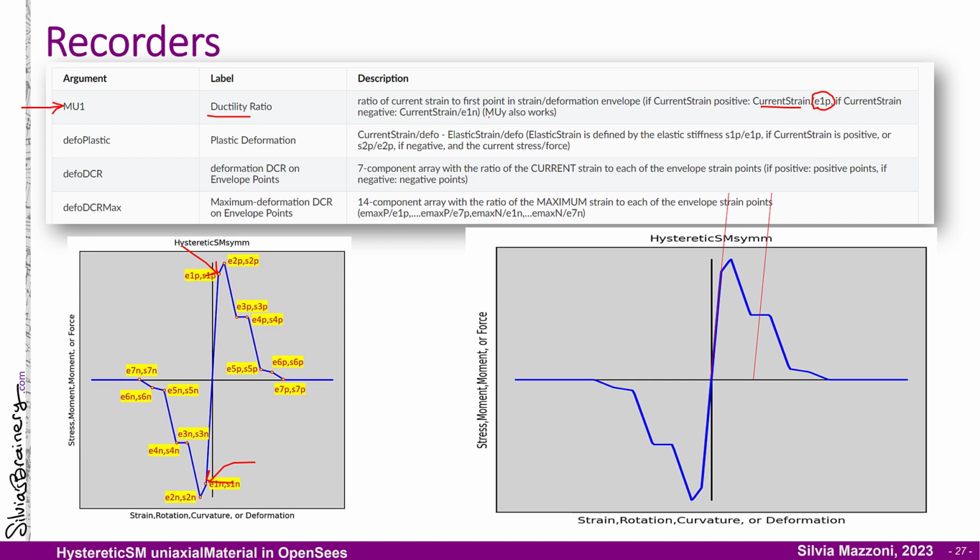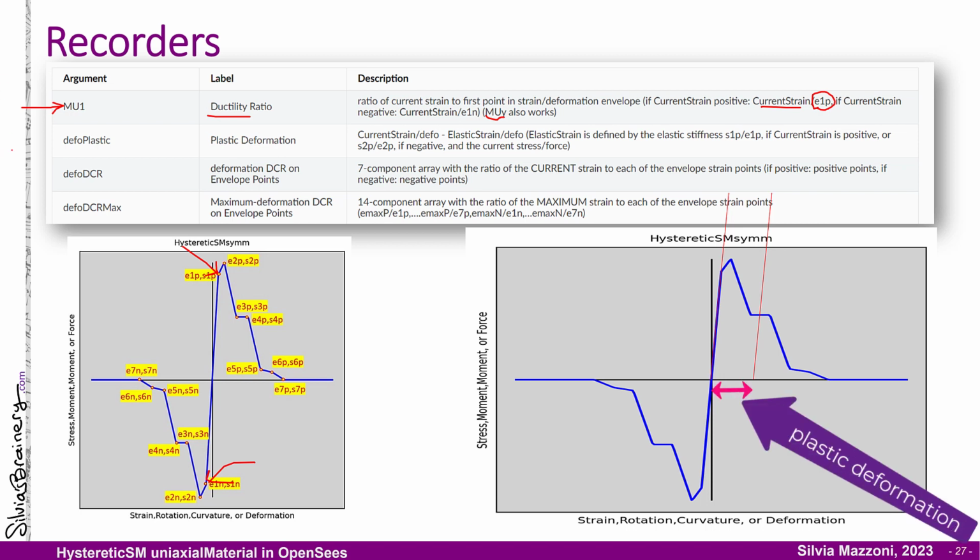So you could ask for mu1 or even just mu y. This is only with respect to the very first point, in case you just want to normalize the strains. It's a lot easier for post-processing and visualizations without having to ask the material, hey, what is your yield strain? It does it for you internally because it's one of the internal variables.